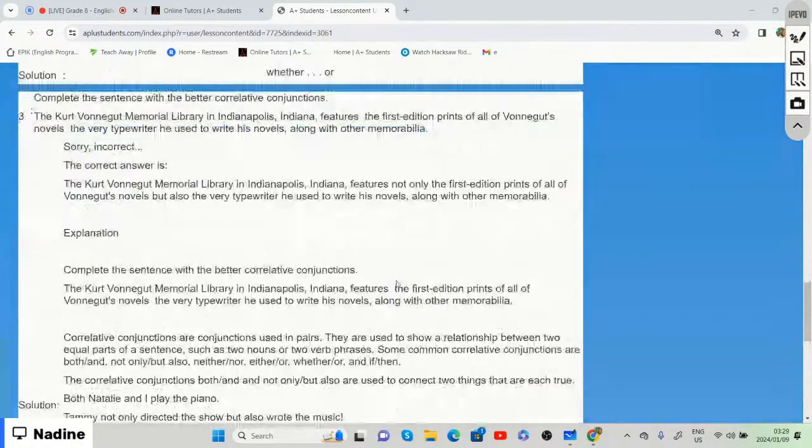All right, let's do the last one and then we're going on to our test. We need to complete the sentence with the better correlative conjunction. It says, the Kurt Vonnegut Memorial Library in Indianapolis, Indiana, features the first edition prints of all the Vonnegut's novels, the very typewriter he used to write his novels, along with other memorabilia.